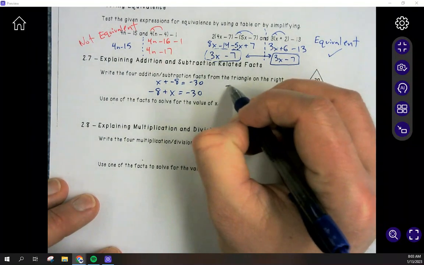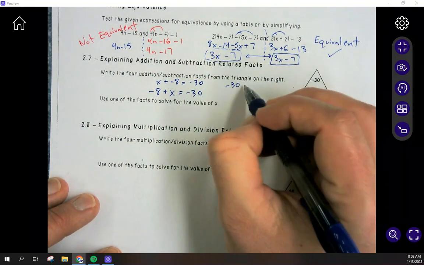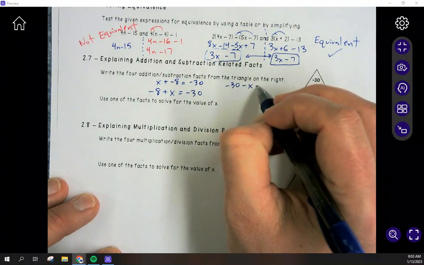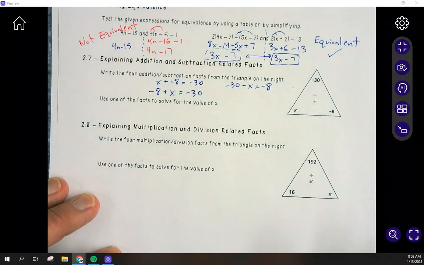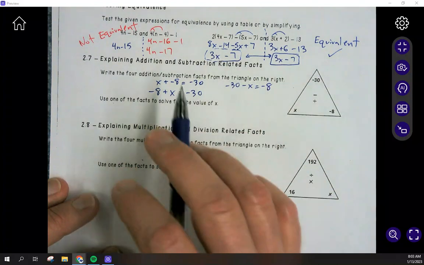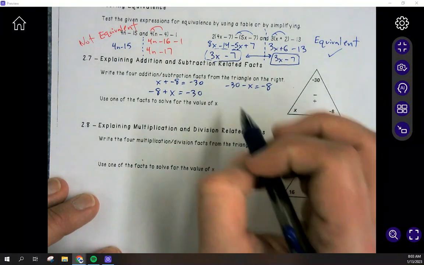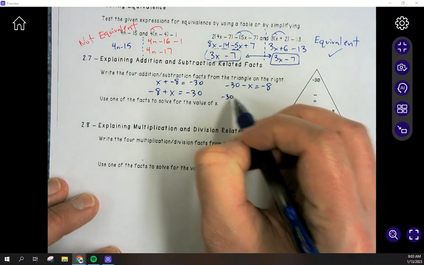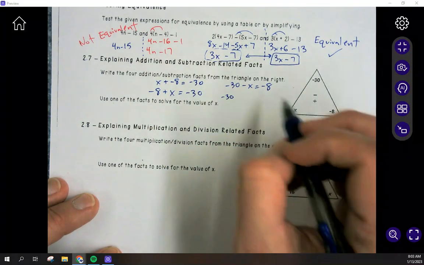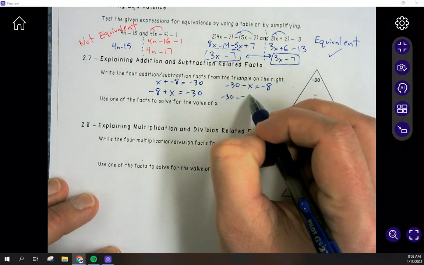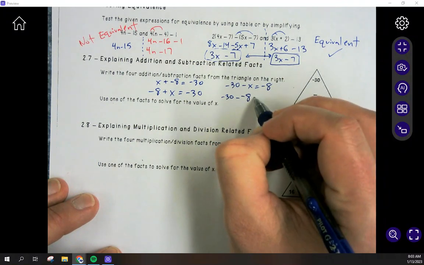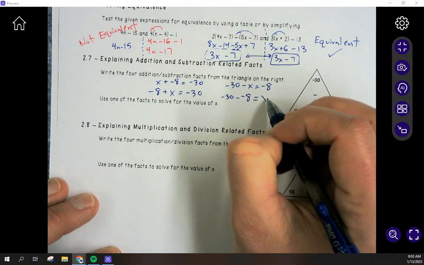Going down, negative 30 minus x equals negative 8. And these are all equivalent. These will all produce the same answer if you ran them through. But then the last one here, this is the special one that we're going to use. Negative 30 minus negative 8 equals x.